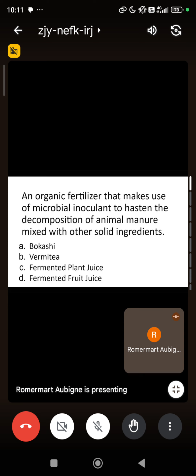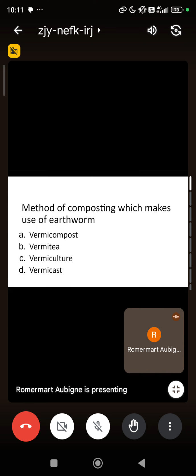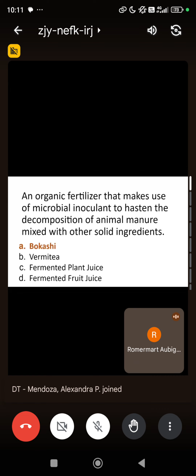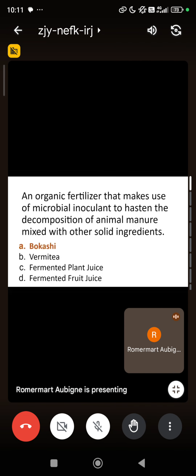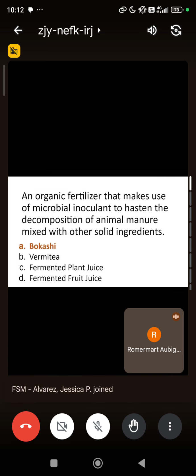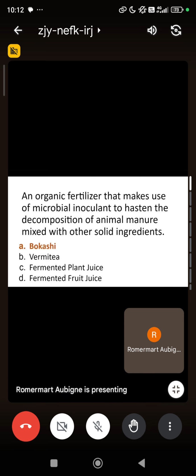Yay! So Bokashi. Bokashi comes from Japanese. So in Bokashi composting, a mixture of food waste and a Bokashi mix is placed in an airtight container where the microorganisms begin to break down the organic matter, resulting in a nutrient-rich compost that can be used to fertilize plants.